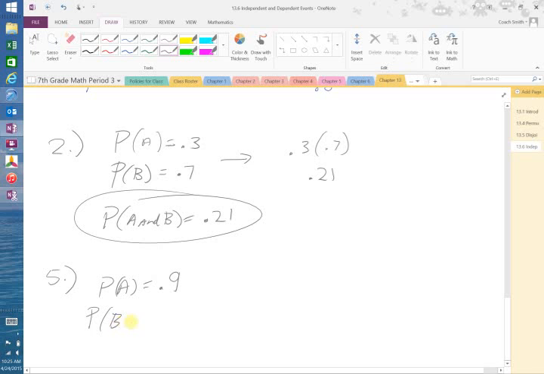Probability of B given A equals 0.8. So they've already told you what the probability is. There's nothing to figure out. So I simply take 0.9 times 0.8. 8 times 9 is 72. I have 2 decimal places, so it's 0.72.